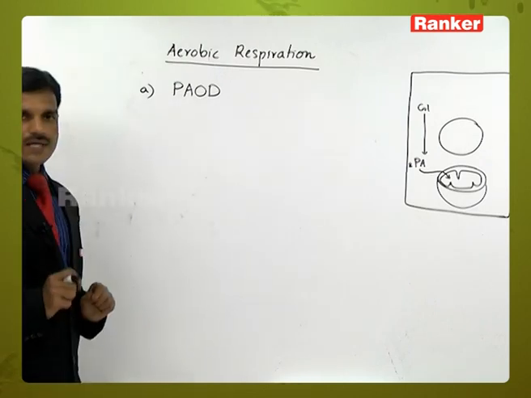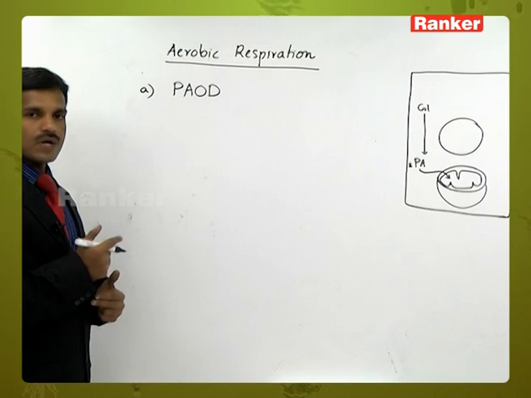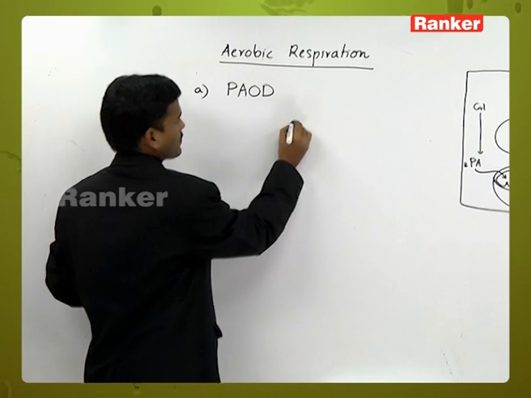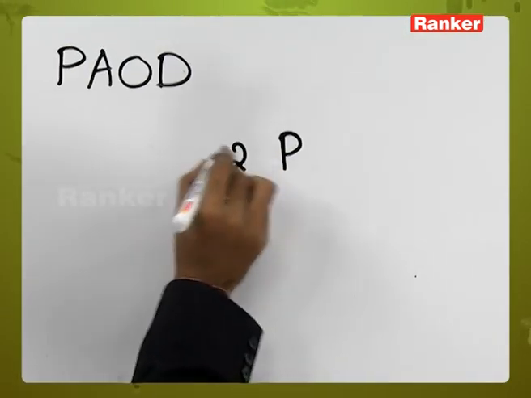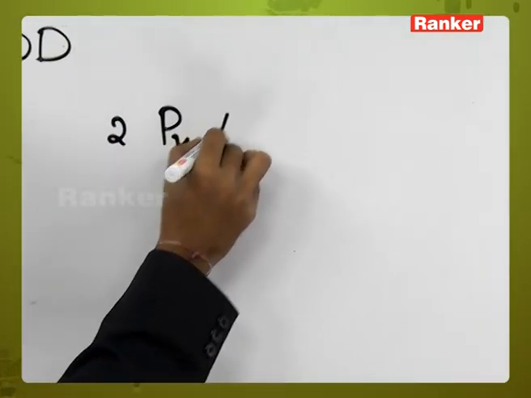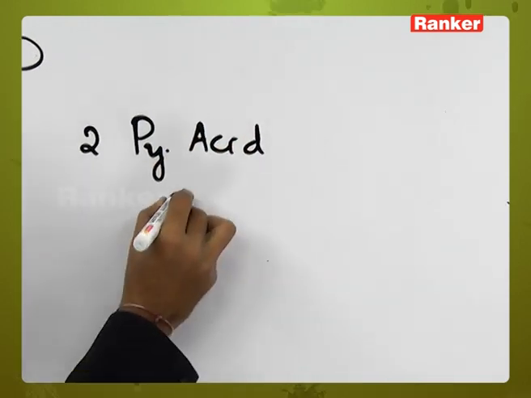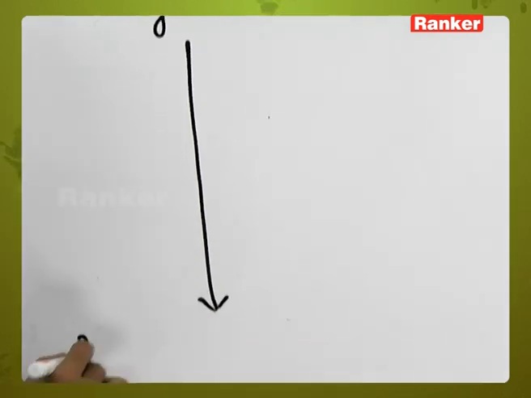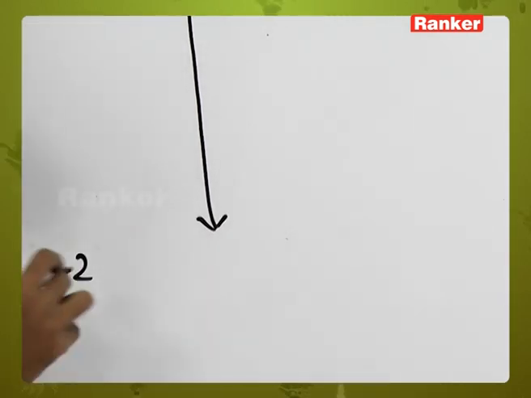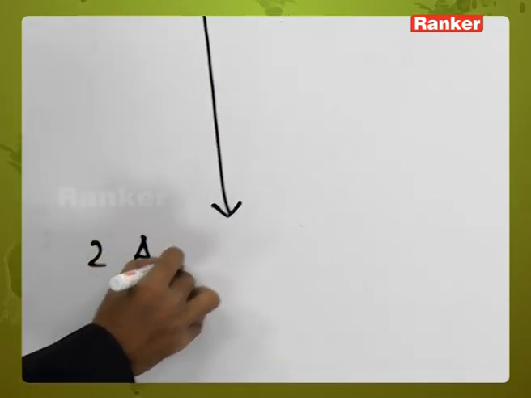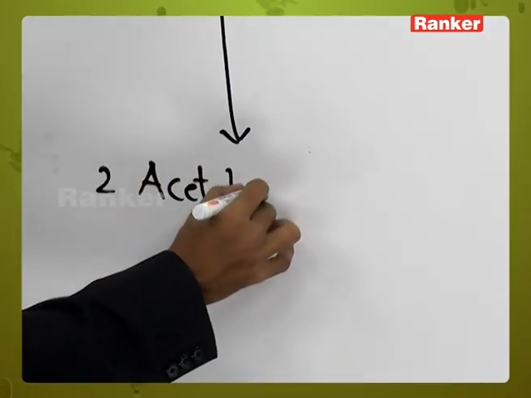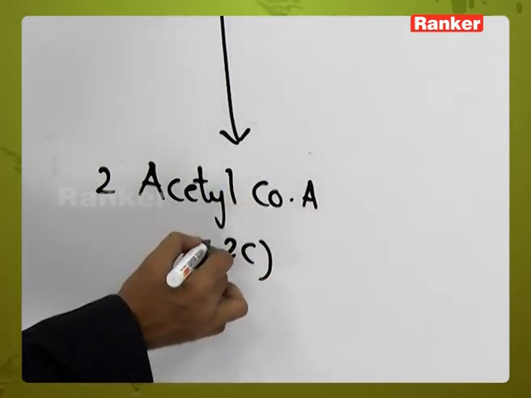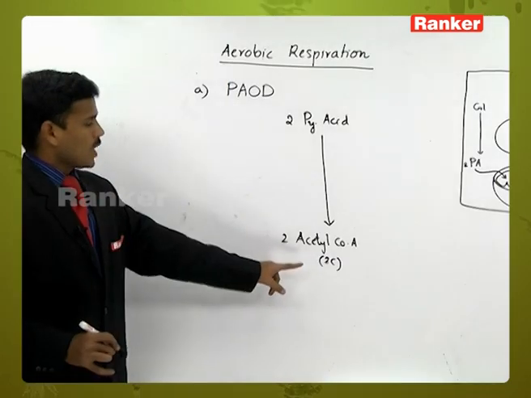First step: pyruvic acid is converted into acetyl coenzyme A. In this step, pyruvic acid is converted into two molecules of acetyl coenzyme A. Acetyl coenzyme A is a 2-carbon compound.